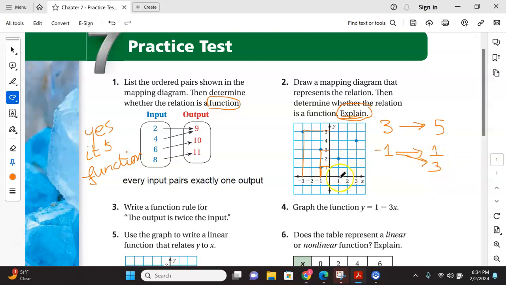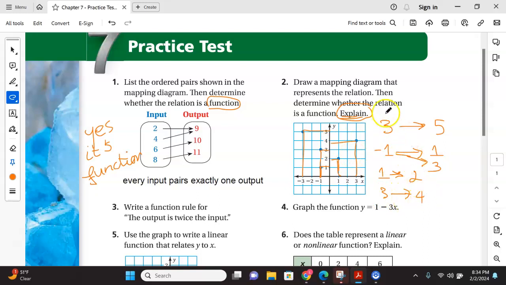Then you have 1 going to positive 2. And then the last point, you have 3 as the input and the output is 4. So 3 is mapped to 4.